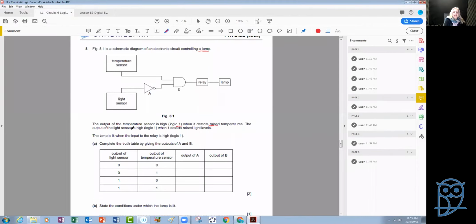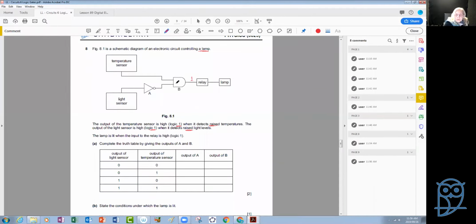The output of the light sensor is high when it detects raised light levels. So for this one, its output is also 1 if there is a lot of light. Now the lamp is lit when the input to the relay is a logic 1. So this will light up when the input here is 1.